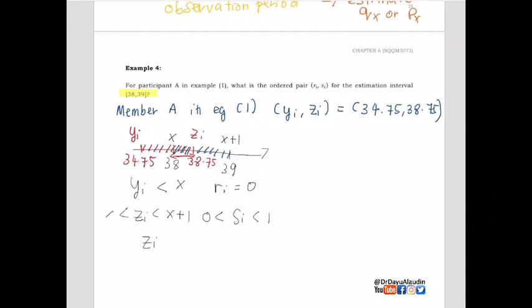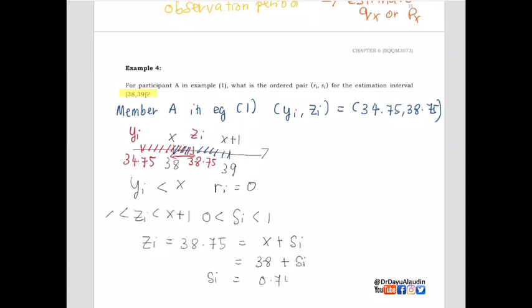ZI, 38.75, is equal to x plus SI. So x is 38. 38.75 is 38 plus SI. So SI is 0.75. Therefore, RI and SI for member A is 0 and 0.75.